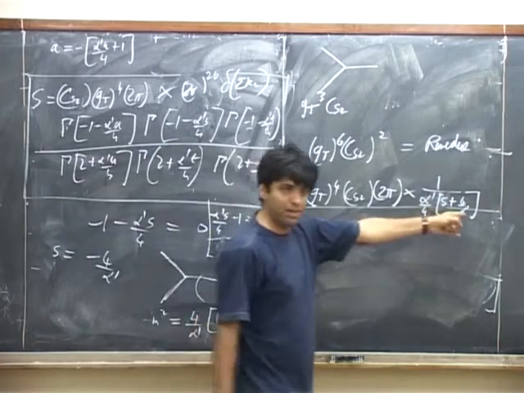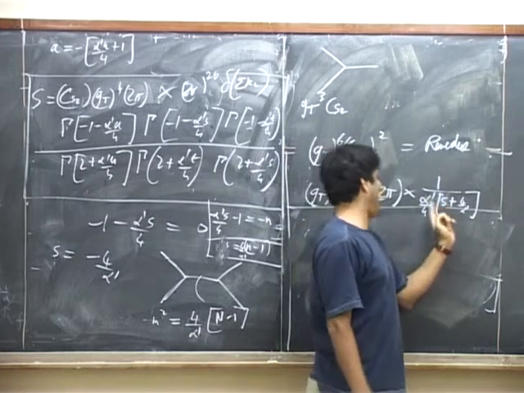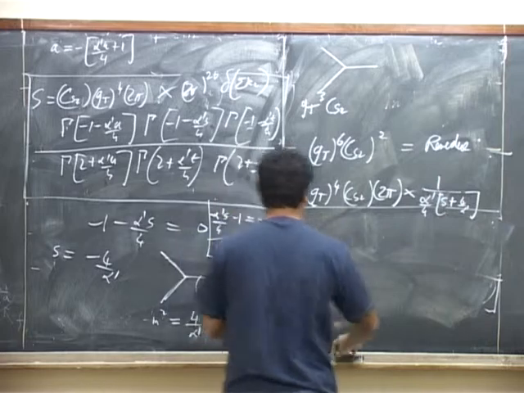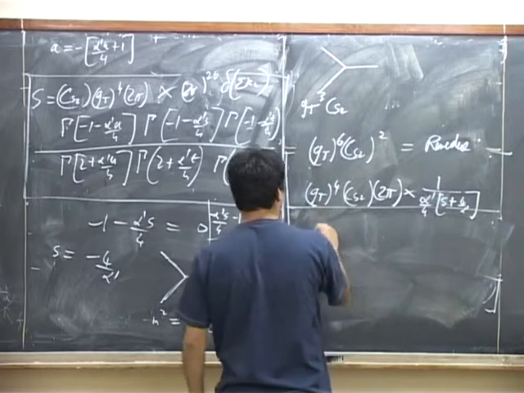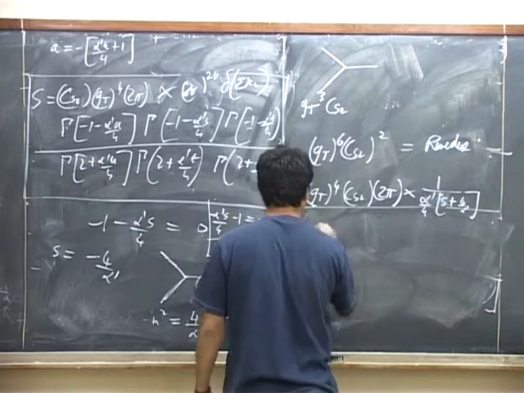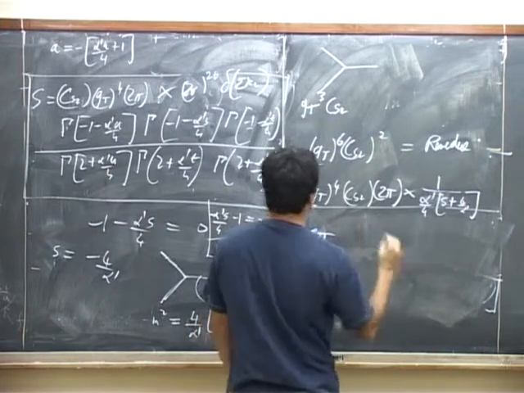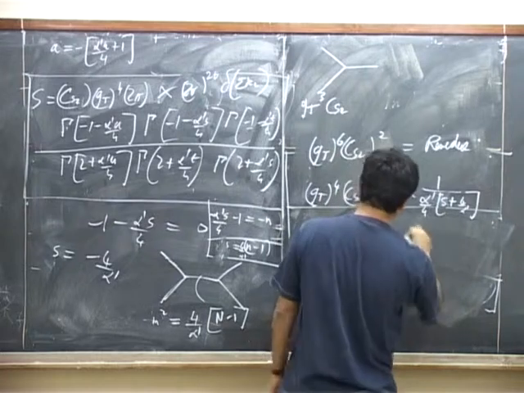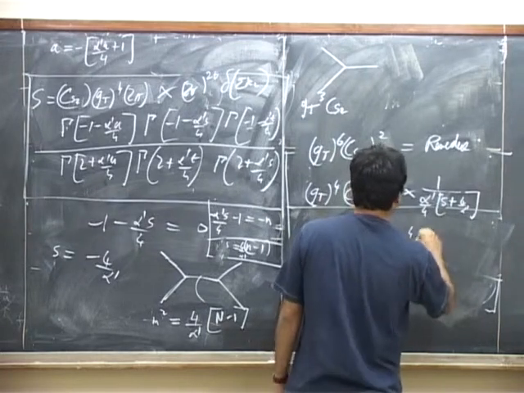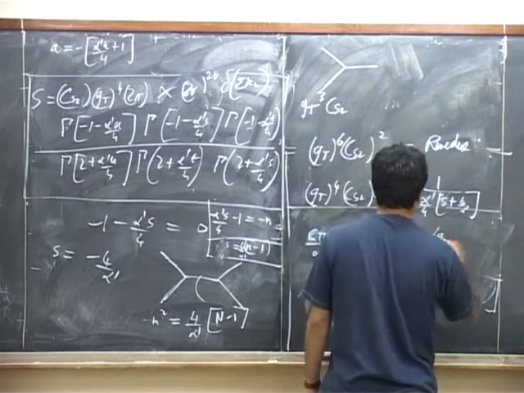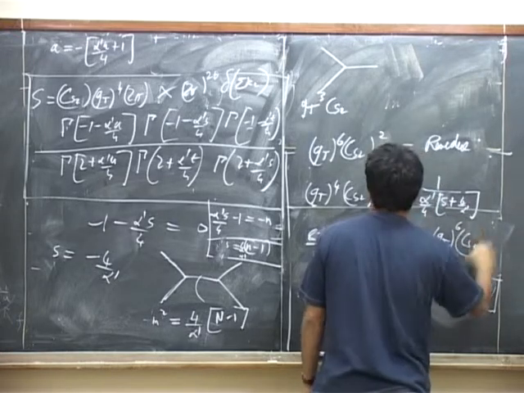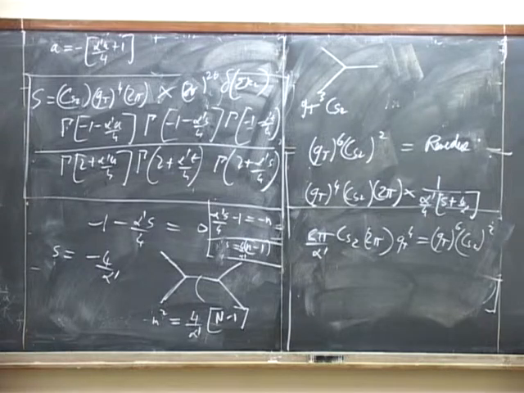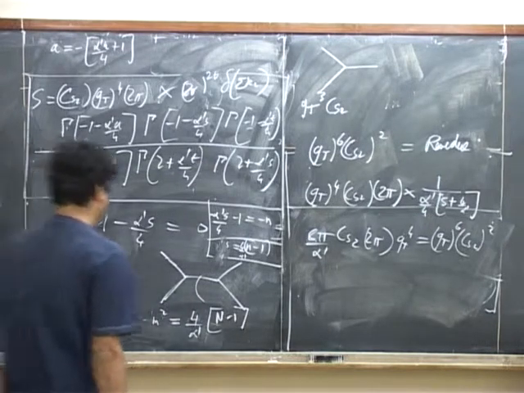So what's the residue of the pole? Well, the residue of the pole in S plus 4 by alpha prime is 8 pi by alpha prime times CS2 times 2 pi, which times GT to the 4, which should be the same thing as GT to the 6 times CS2. Now you see, the point is the following.